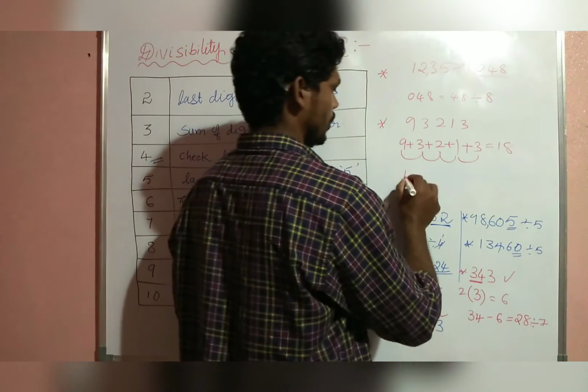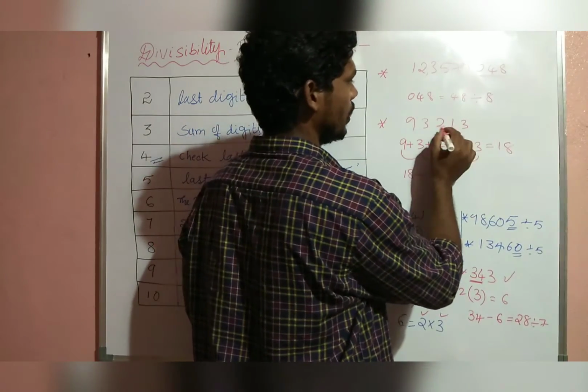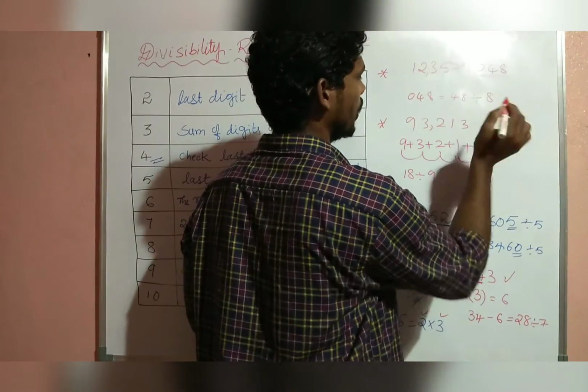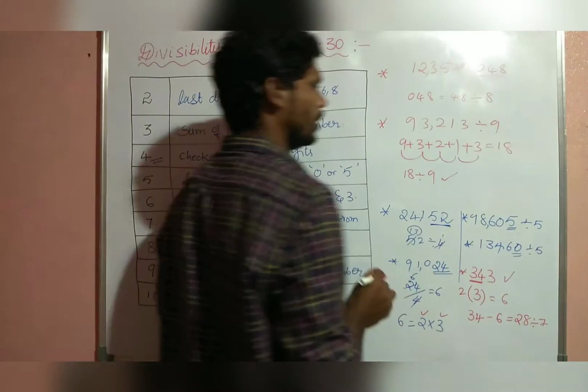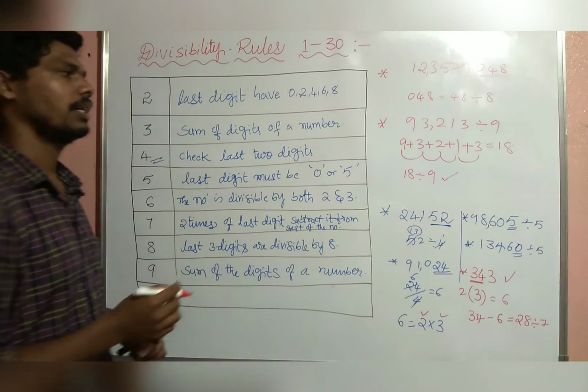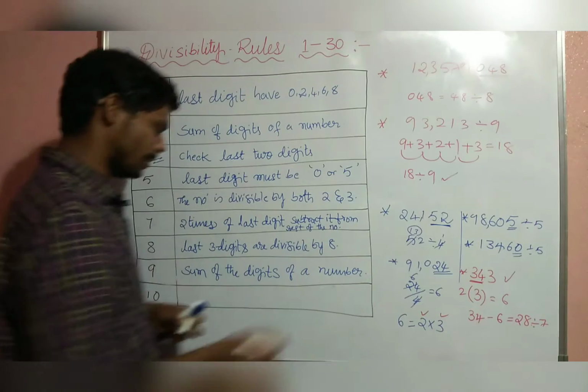Then the given number 93,213 is also divisible by 9. Without doing division, we can say directly whether the given number is divisible by 9 or not.